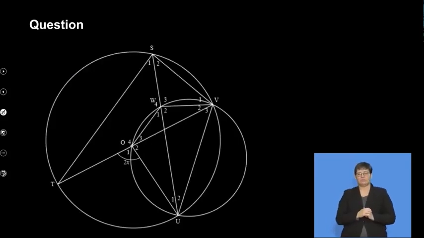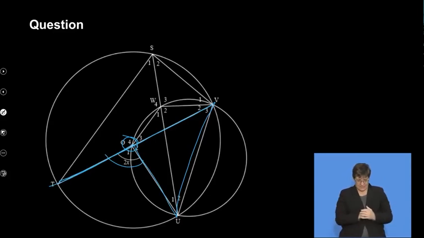Now, if we look at our diagram, what do we know here? We know that since this is the center, this will be an angle at the circumference, which is half the angle at the center, because they are subtended by the same chord. You see, so already I know something. That tells me this is x, right?